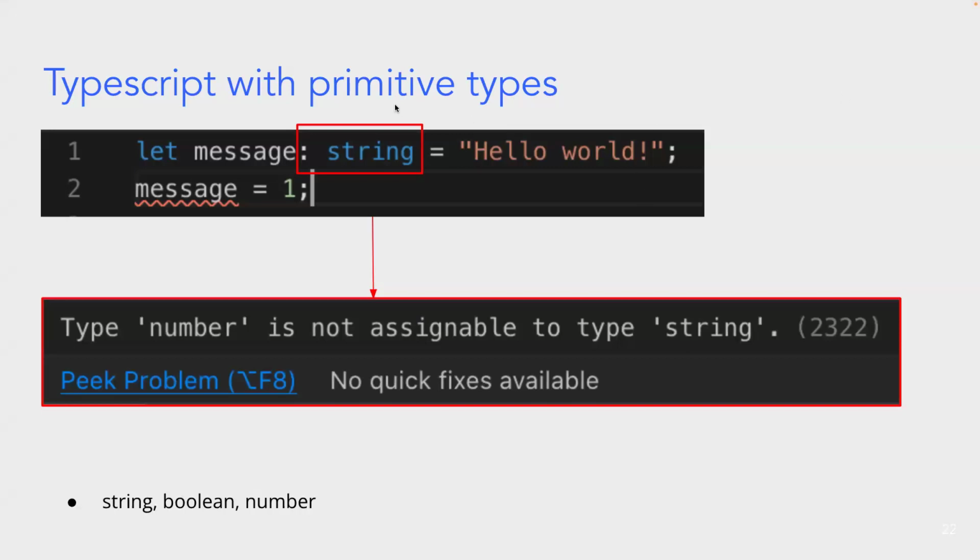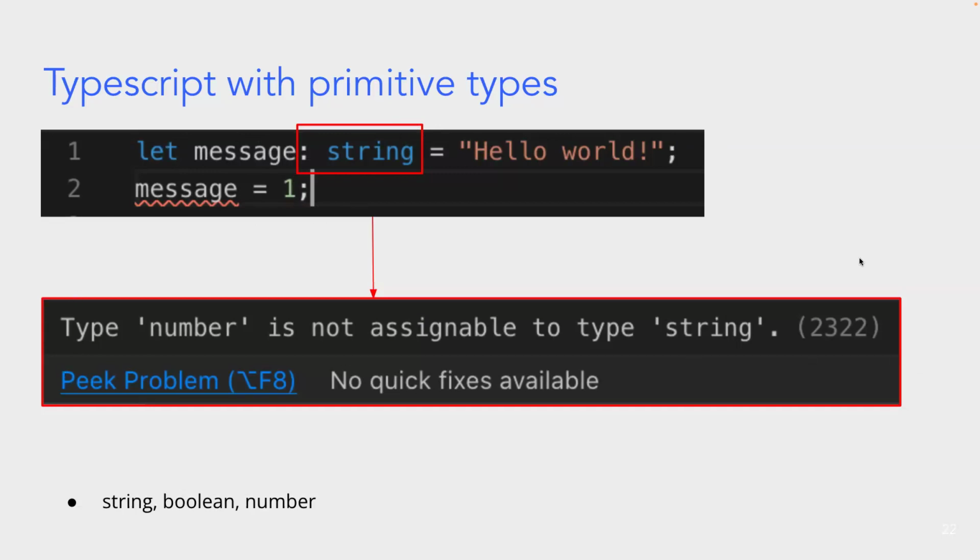The syntax for doing this, as shown at the top, is you can use let or const as usual, and then the name of the variable, here it's message, followed by a colon and the type of the variable. So here we're assigning the variable named message to specifically be of type string, and we're assigning it to hello world. This way, if you try to reassign message to a value that's not of type string, the TypeScript compiler is going to complain.